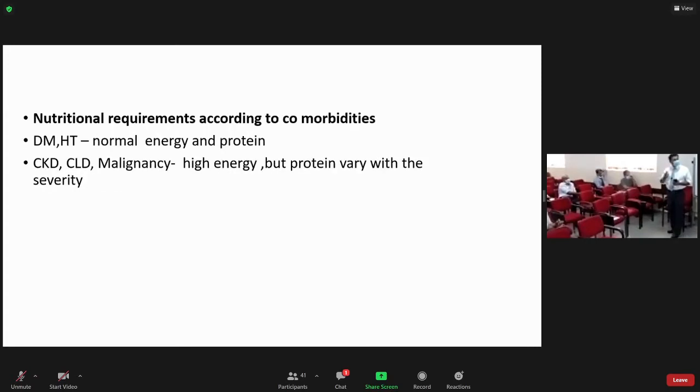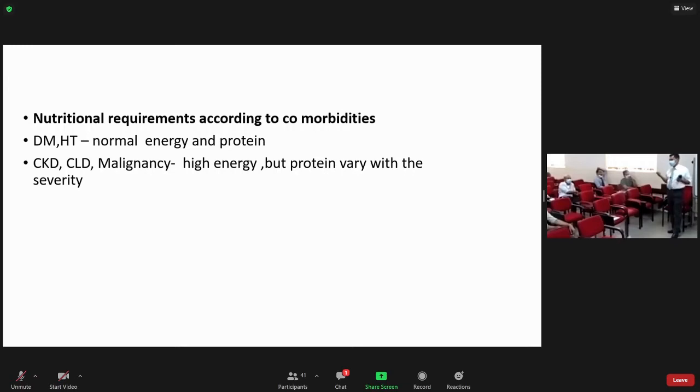The nutritional requirement according to comorbidities. So for diabetes and hypertension, we provide normal energy. There is a myth that if the patient is diabetic, we have to restrict calories, but we don't. We don't believe that, because that patient needs average energy. If the diabetic patient is malnourished, we have to provide according to malnutrition guidelines.